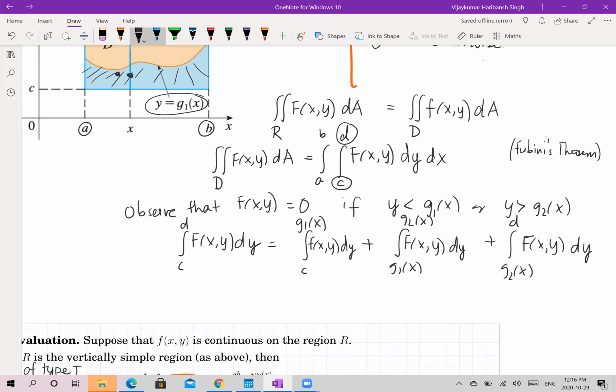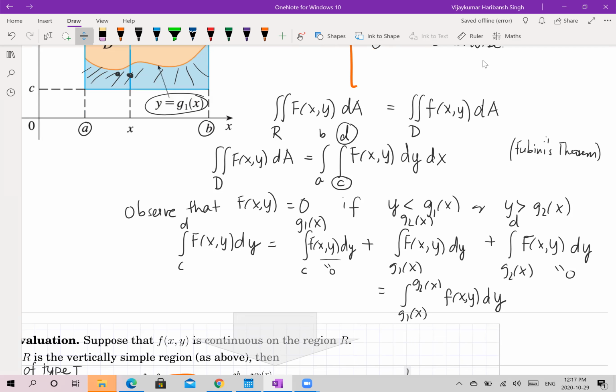So this is 0. This is 0. However, this becomes small f of x, right? So this becomes the integral from g1 of x to g2 of x of f of xy dy.